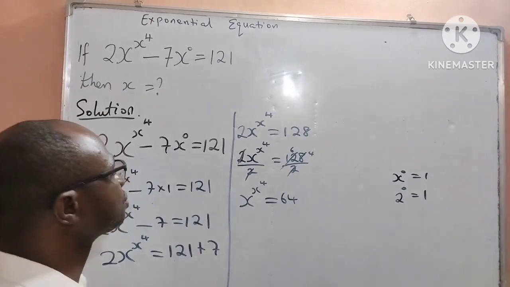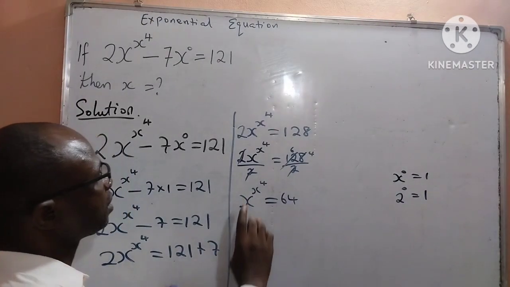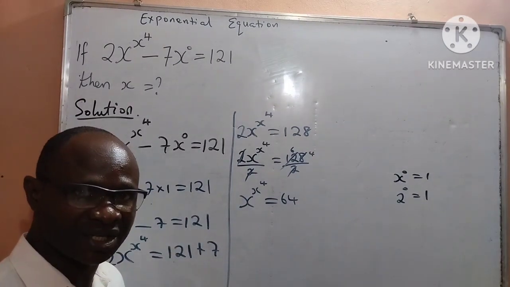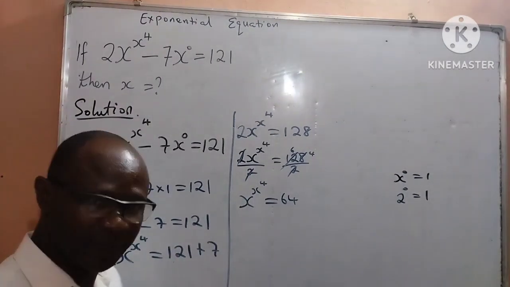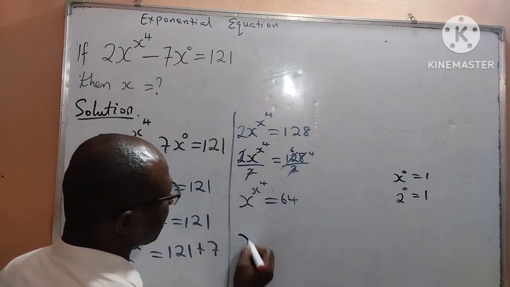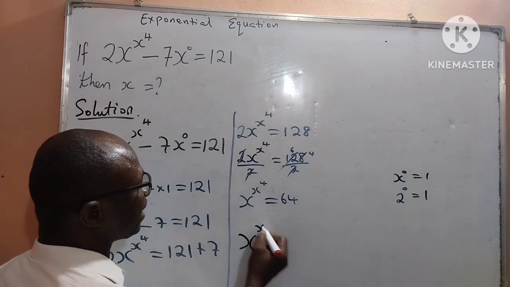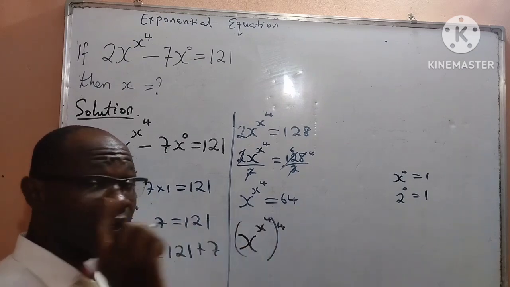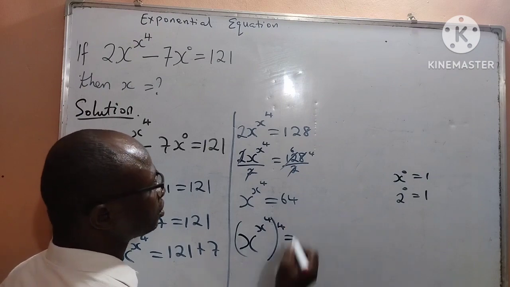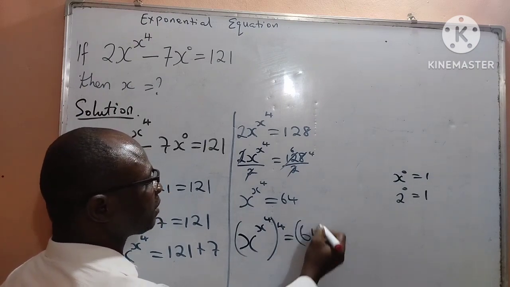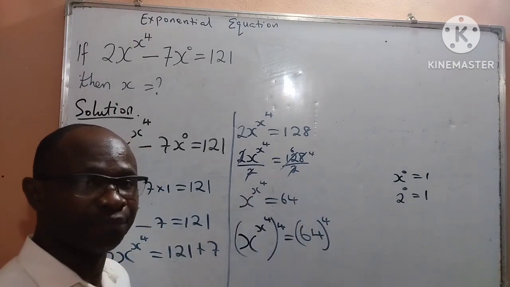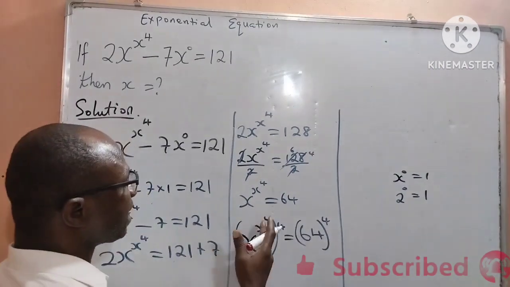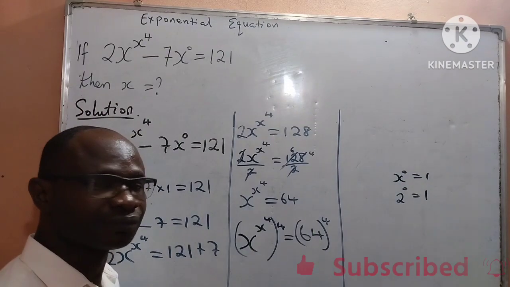The reason why I want to do that is that I want to put it in such a way that I can apply a law in indices which will help me to get the answer quickly. And that means I will now have x to the power of x to the power of 4, multiplied by power of 4, equal to 64 multiplied by power 4. Beautiful. I have now multiplied both sides of the equation by power 4.